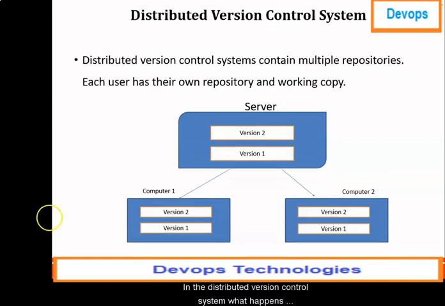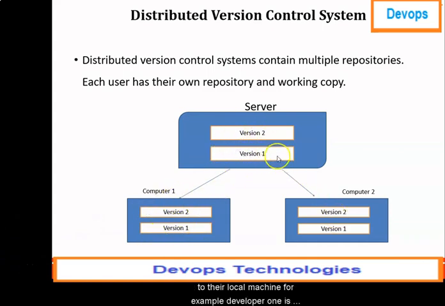In the distributed version control system, the main server has all the versions of the files, that is, the repository related to the project. A client or developer who wants to work with this system first needs to clone the complete code of the server to their local machine.